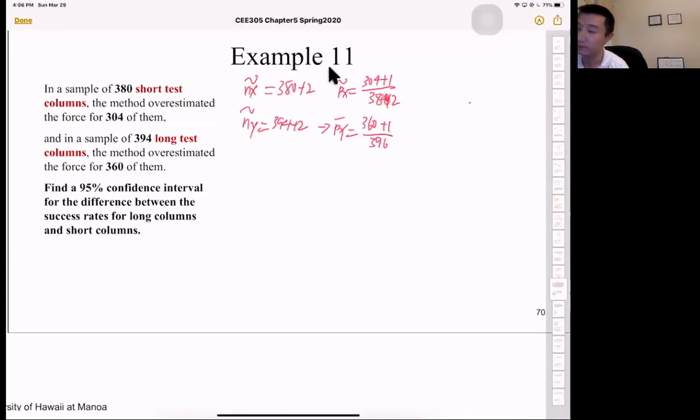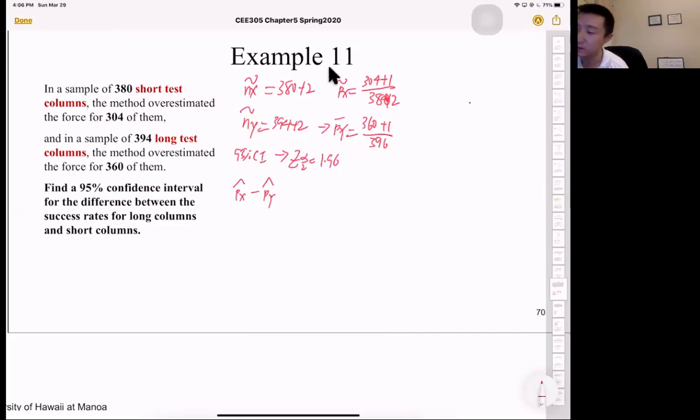And then the question is asking for a 95% confidence interval, so z half alpha is equal to 1.96. Based on the equation, Px minus Py is what the question asks, the difference between the two proportions.